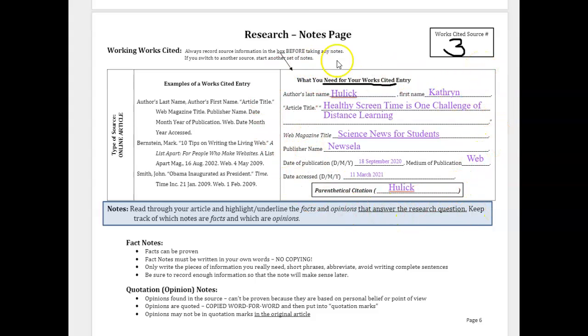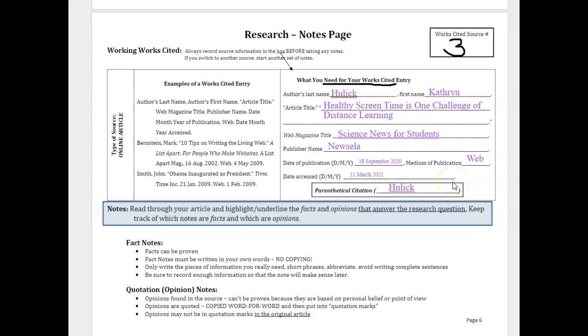So now that I have everything I need, if I were to write a Works Cited page, and I could easily show what source number 3 was, I can start looking for notes. So I can read source number 3, and I can search for facts and opinions that are going to answer my research question about if distance learning was an effective way to learn during the pandemic.